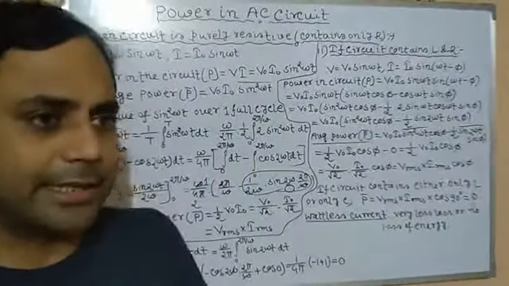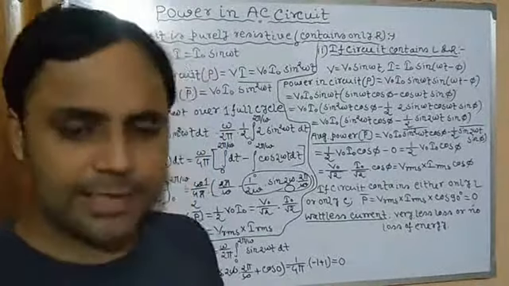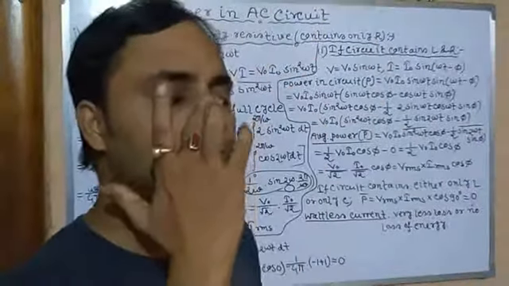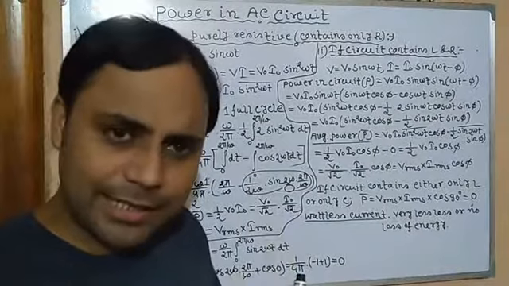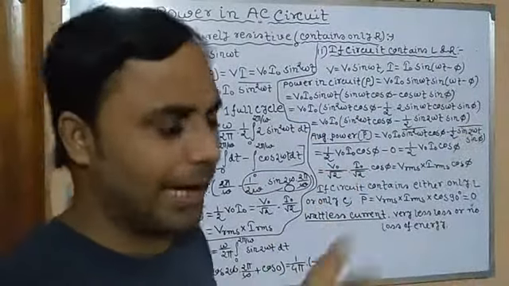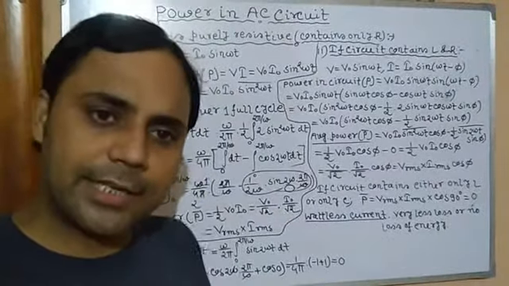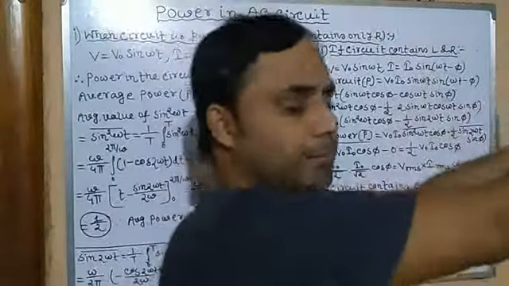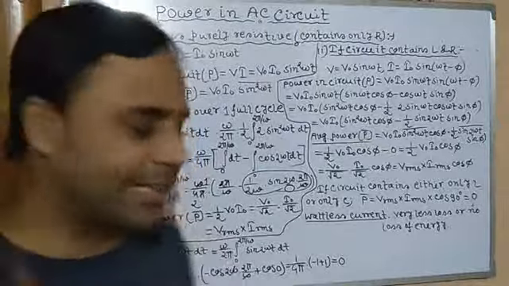And when the AC circuit is purely capacitive, voltage is lagging behind and current is ahead, plus 90 degrees. So in a purely L circuit, current is behind voltage by 90 degrees, whereas in a purely capacitive circuit, current is ahead of voltage by 90 degrees. In both cases, the phase difference is 90 degrees.